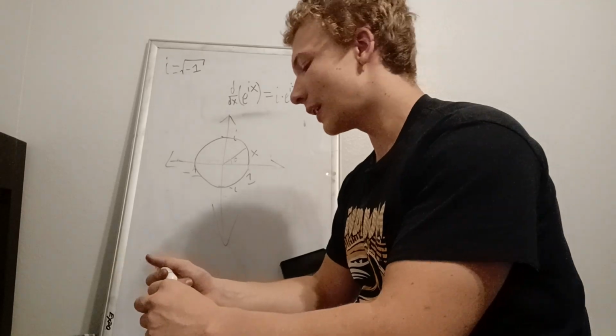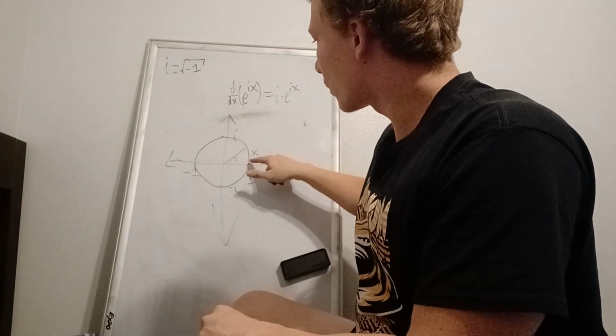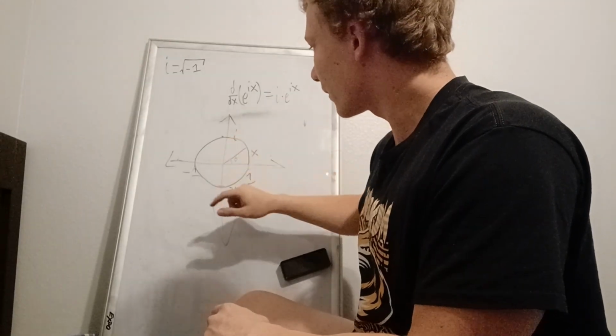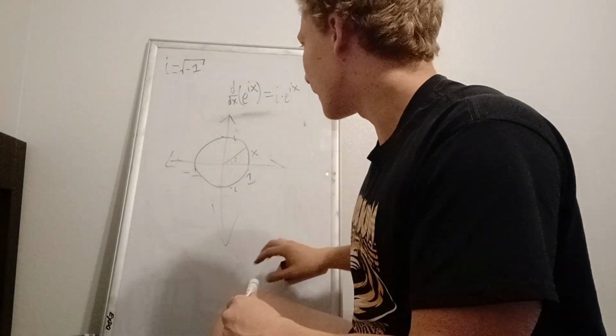What does this mean? It means that whatever our input x will travel that far around the unit circle, and thus that angle theta will be exactly x radians.